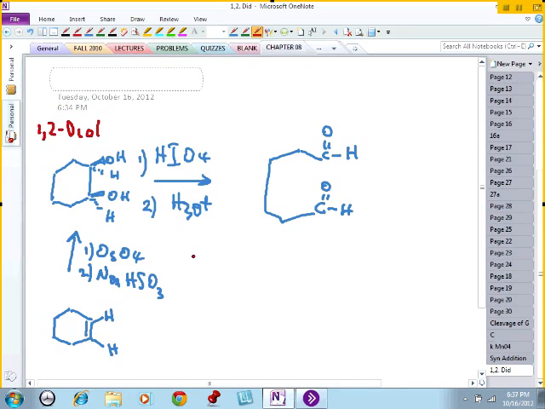However, that is because we have hydrogens attached to those carbons.